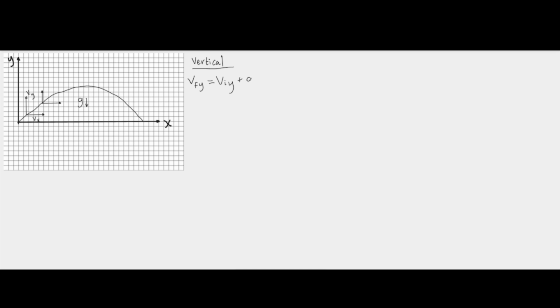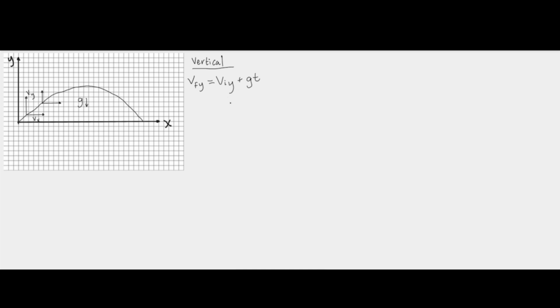Our acceleration is gravity, and we multiply gravity times time, and this gets us the changing component of velocity. We've seen this exact same equation previously: v final equals v initial plus at. Now we're speaking about it just in terms of the vertical components, and our acceleration now is g.